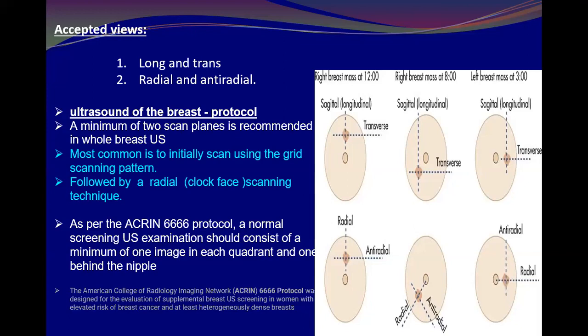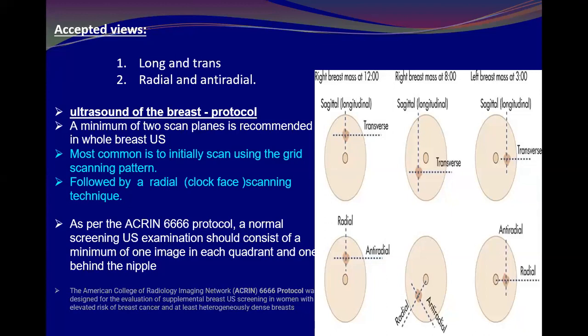And as per the ACRIN 6666 protocol, a normal screening ultrasound examination should consist of a minimum of 1 image in each quadrant and 1 behind the nipple. As a minimum, when you screen the whole breast, not a targeted ultrasound, you have to take at least a single image for each quadrant.